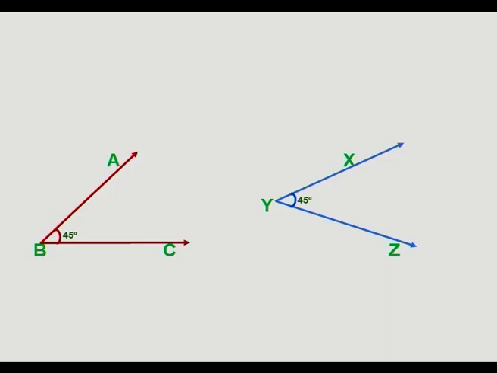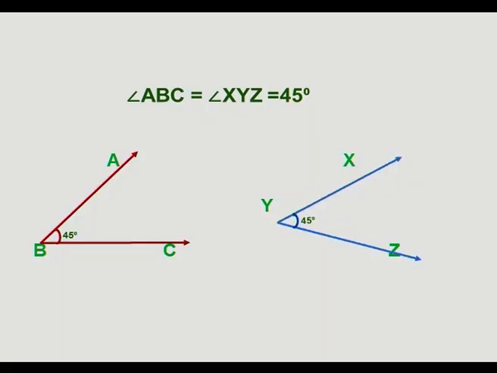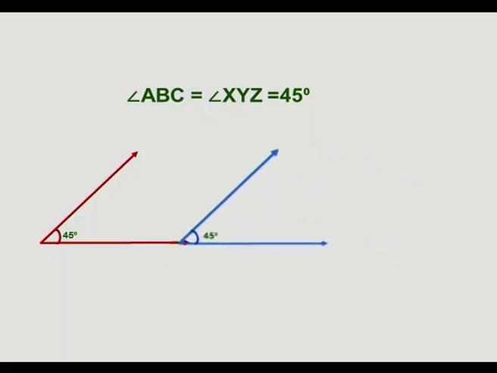So, these two angles have the same measure. Let us try to place these two angles one over the other. Let us see what happens, whether they coincide. Yes, exactly, the two angles coincide. They are equal in measure and hence they are coinciding and they are congruent.